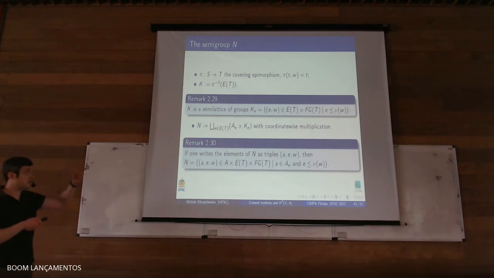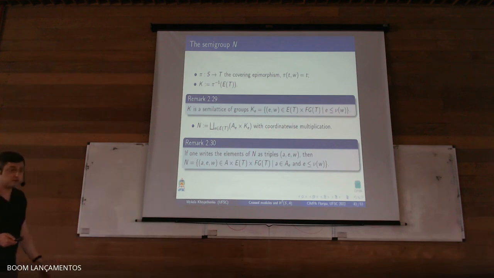And you define the structure of a semigroup in a natural way on this formal union. And this gives you a semilattice of groups, of course, by definition. And I think this is the direct product of two semilattices of groups in a category with fixed indexing semilattice. You may define this category. I think that it is a direct product in this category.